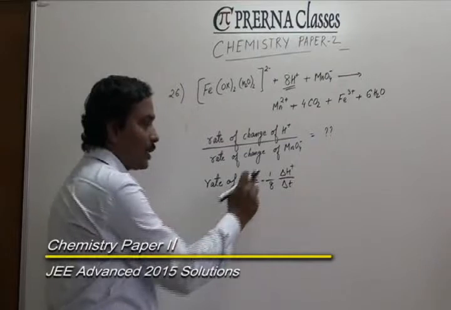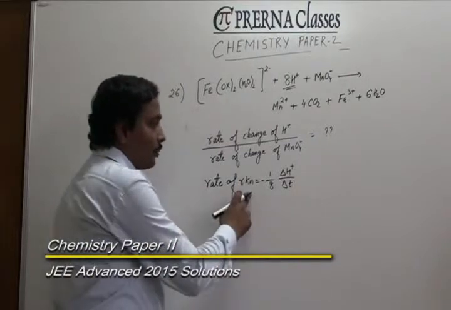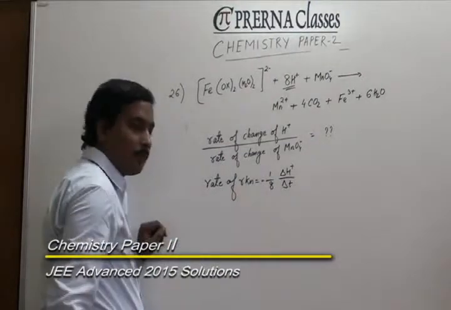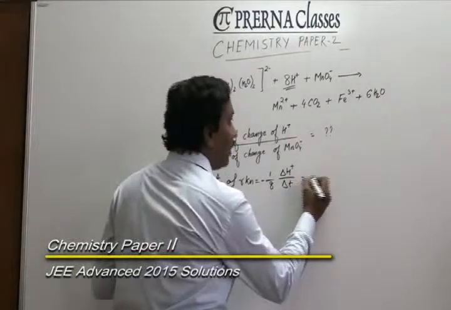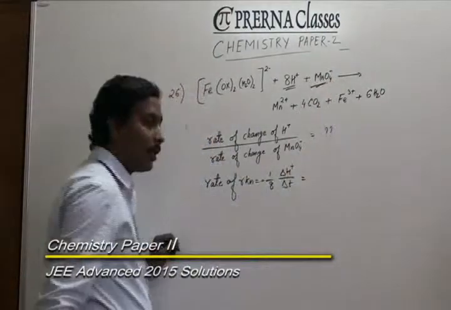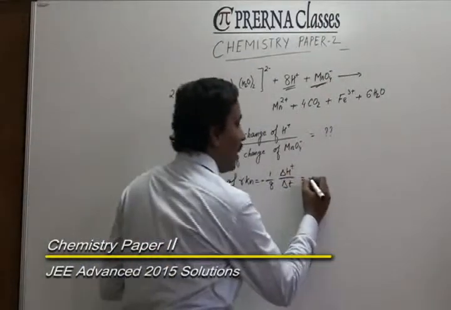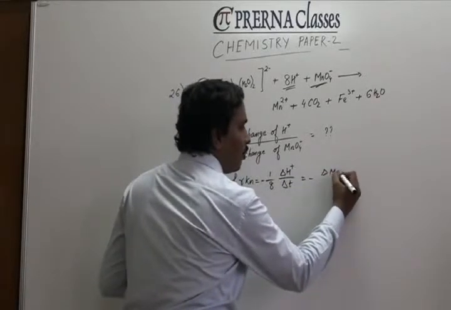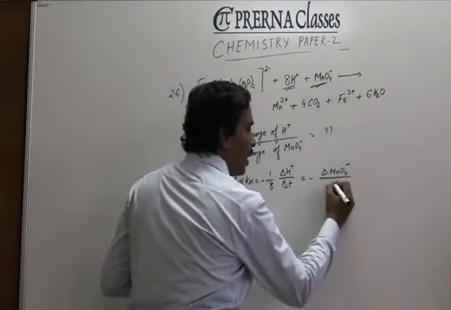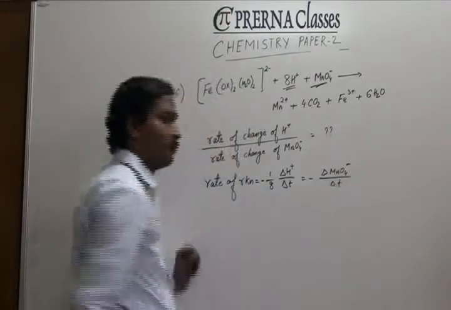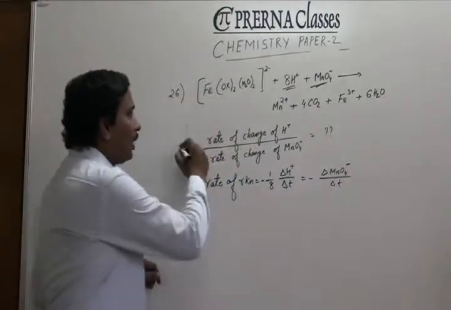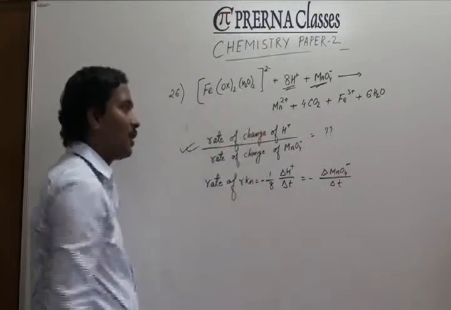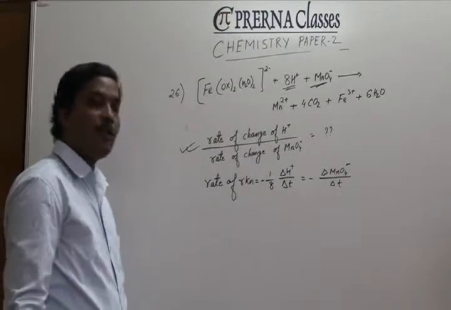The minus sign explains the rate of disappearance, and with respect to MnO4 minus the rate of reaction should be equal to minus delta MnO4 minus by delta T. Now we have to calculate the rate of change with respect to H plus and MnO4 minus.